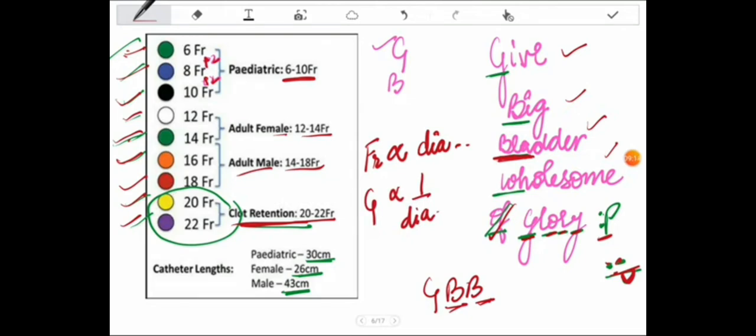Meaning if the gauge is big, the diameter will be small. So a larger gauge needle will be used in a pediatric patient. So here it is opposite, the French is directly proportional to the diameter. So just remember this for life, it's gonna help you much.